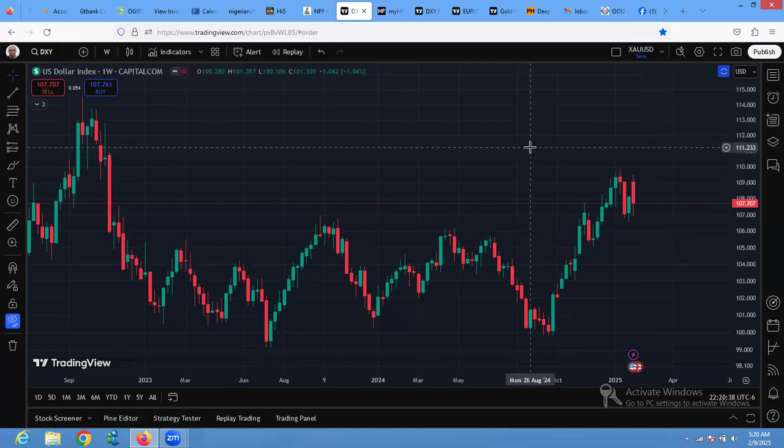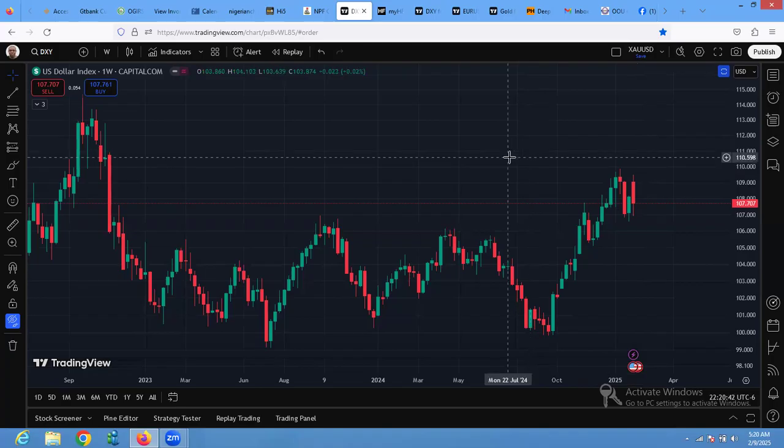Now, when we talk of wave and the way wave builds up, we know that it's like a repetition of what you have on the very low time frame, in cycle. It goes on until you have a much larger time frame formation.